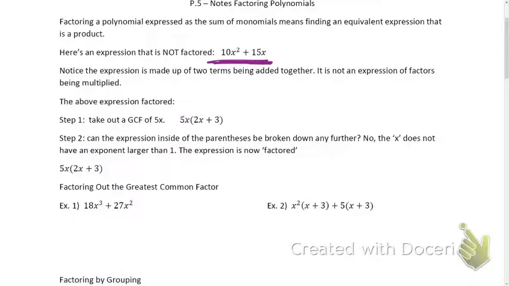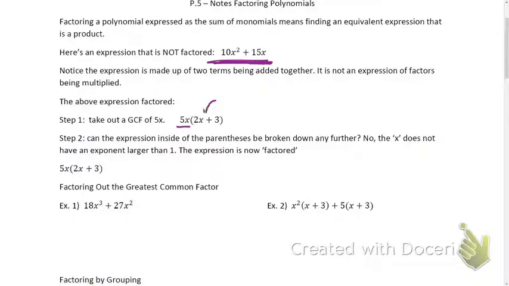And then I want to take out as many x's as I can, but I'm limited by the smallest x, which is this guy right here. So that's why I only took out x to the first power. If I try and take out x to the second power, there's not 2 x's to take out there. You're limited by the smallest. So 5x is our GCF.